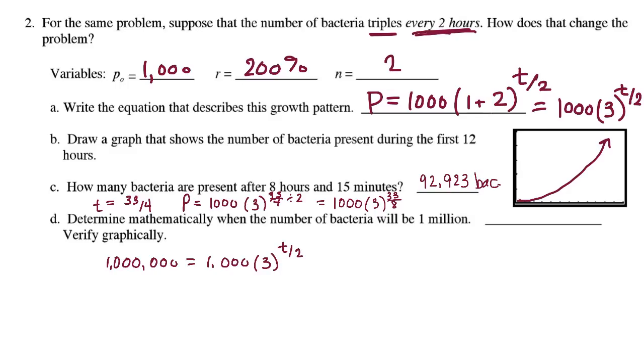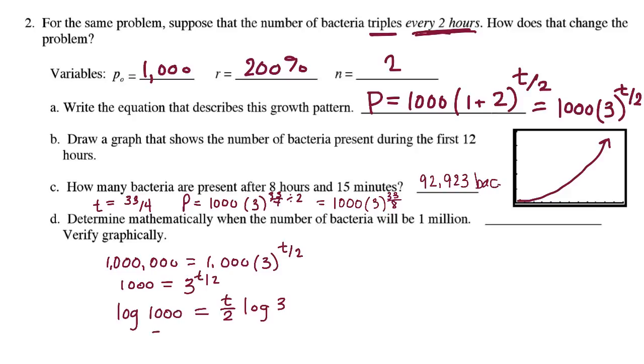And again, that's going to move over and we're going to have 1,000 equals 3 to the t divided by 2. And again, we need to do the log of both sides because we're solving for our time period. And we're going to go ahead and move t over 2 to the front. So that's going to be log 3.